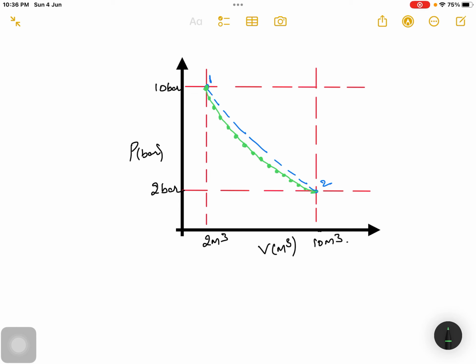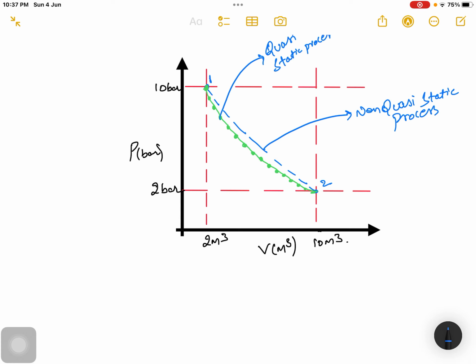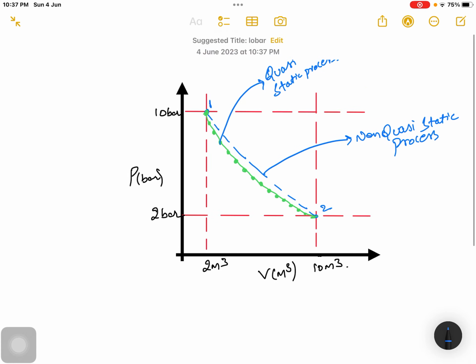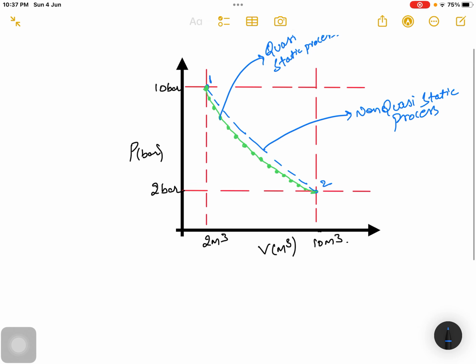So what we understood is this is the non-quasi-static process, and this is the quasi-static process.